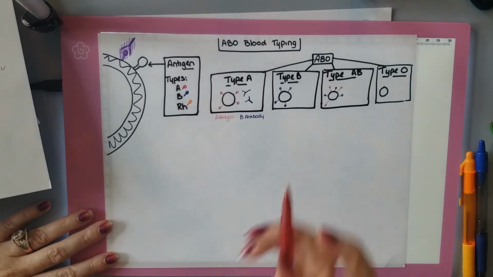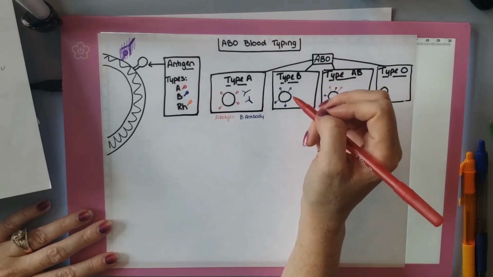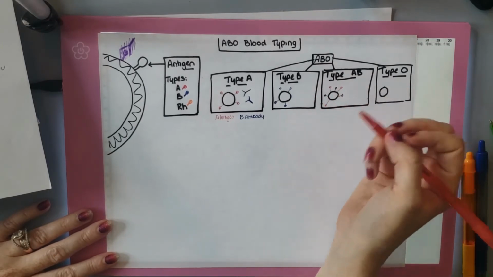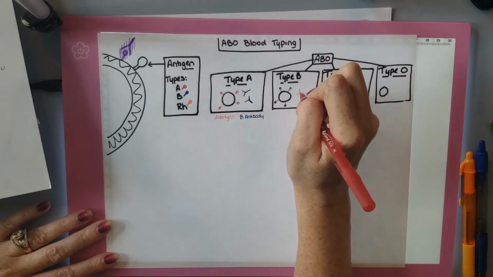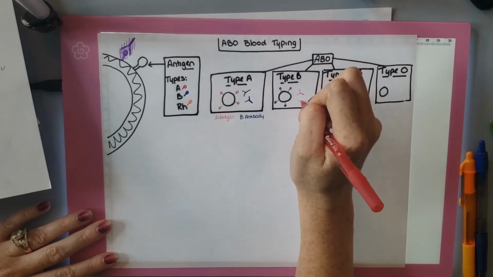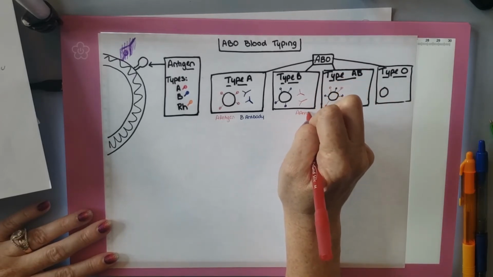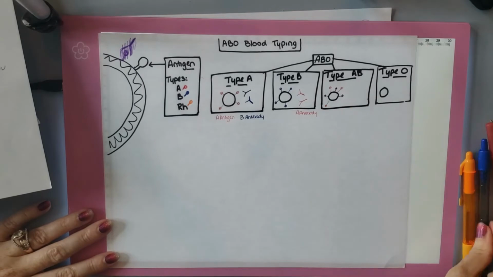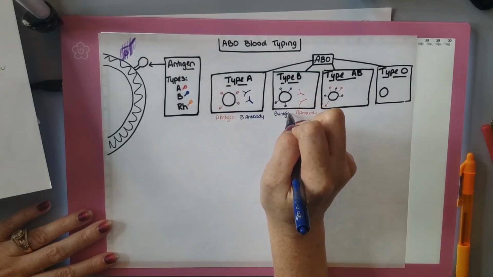All right. The next one has B antigens already on their cell. So the B is not foreign, so they're not going to make B antibodies. They're going to make A antibodies. So here's A antibodies, A antibodies, A antibody, B antigen.